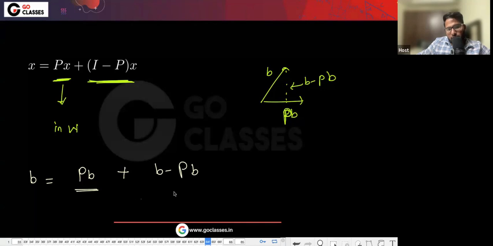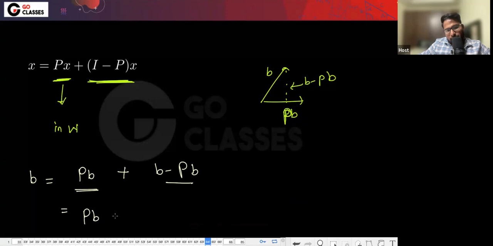Now this same thing can be rewritten as Pb plus (I minus P) into b, right? This is a vector in space W. This is a vector which is in the space W orthogonal.